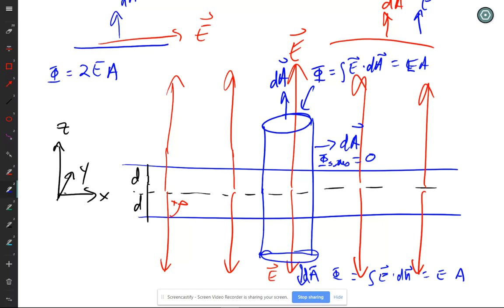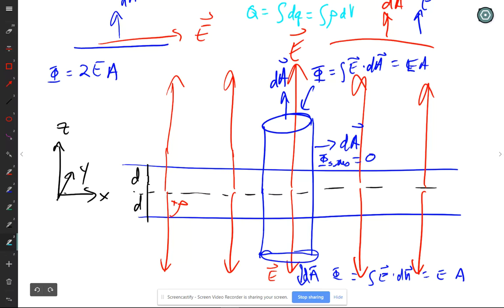And now I have to say, how much charge is enclosed by this surface? I have charge density rho that extends from Z equals minus D to Z equals plus D. No charge density outside of that. So in general, the charge enclosed is equal to the integral of dq, or the integral of rho dV.